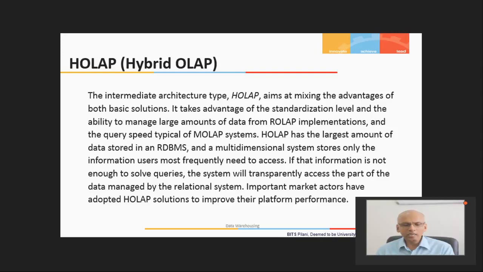Many market players have adopted HOLAP, and some of the top vendors give you the option of implementing your OLAP solution with a ROLAP approach, a MOLAP approach, or a HOLAP approach. So you have the freedom with respect to the implementation of the solution. That is the summary of this session.